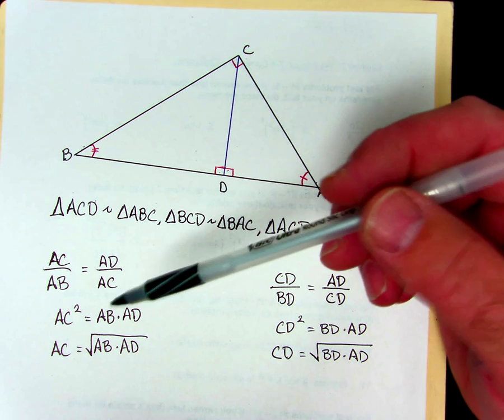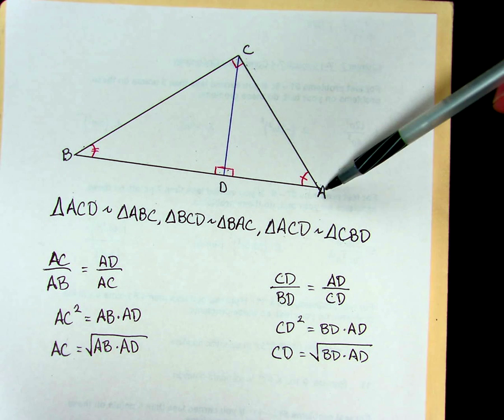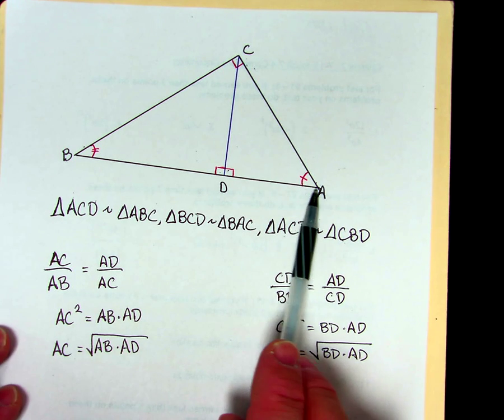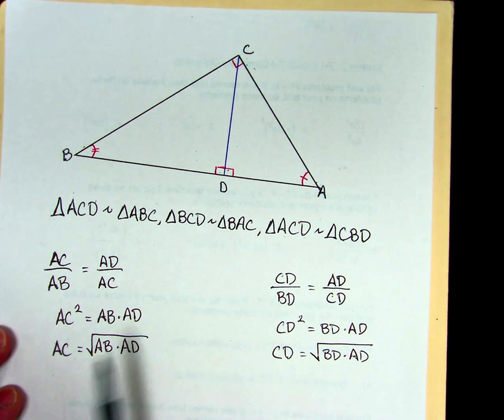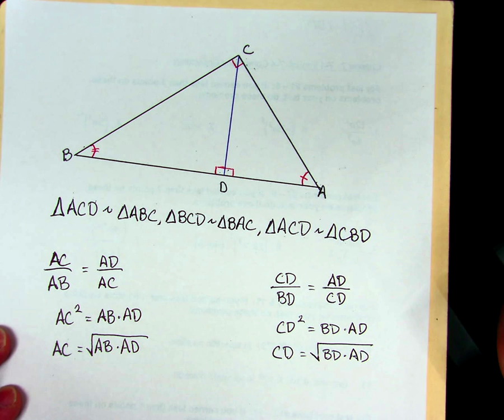Notice what this is saying. It's saying the length of a leg of this right triangle is the geometric mean between the hypotenuse and the segment of the hypotenuse that's adjacent to that leg.